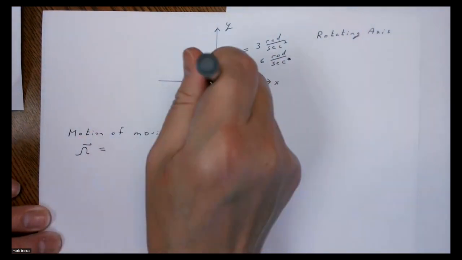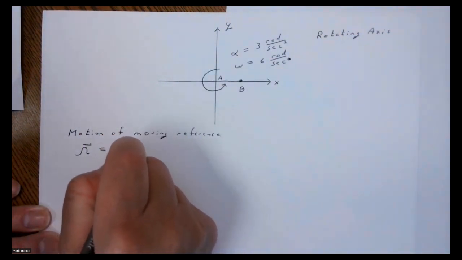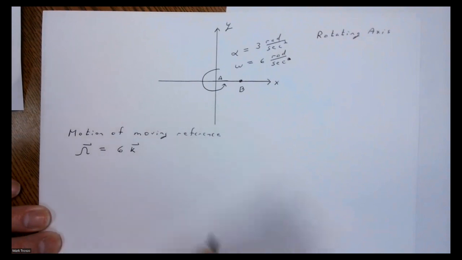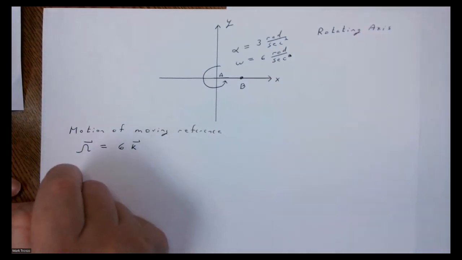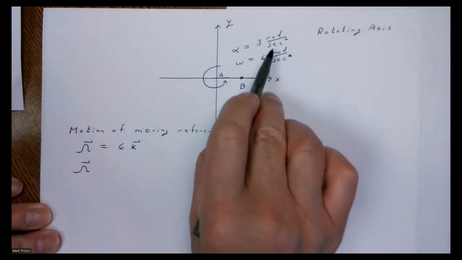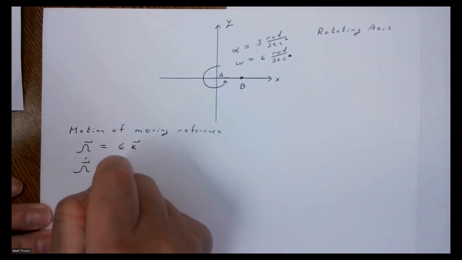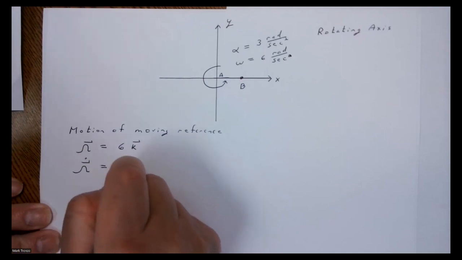And remember, it's spinning about the z-axis, so that's going to be 6k. I guess I'm calling counterclockwise positive. And then for the angular acceleration of the main body, once again, that's the capital omega dot. That's going to be 3k.